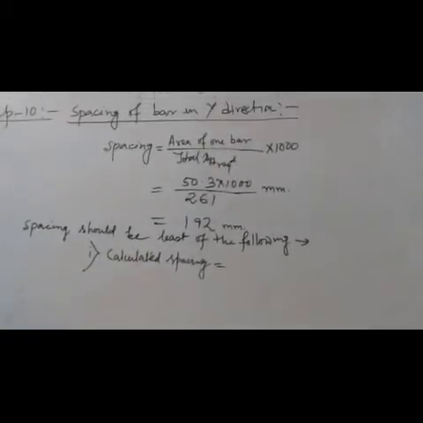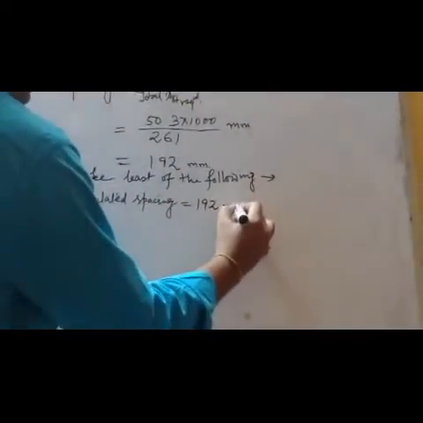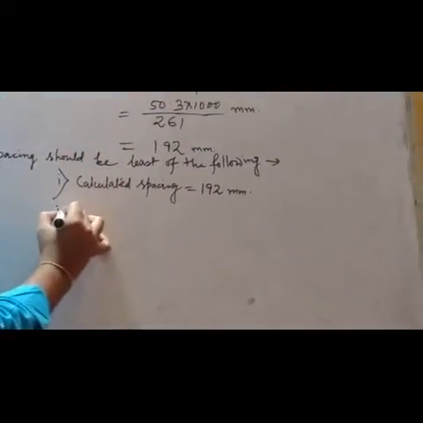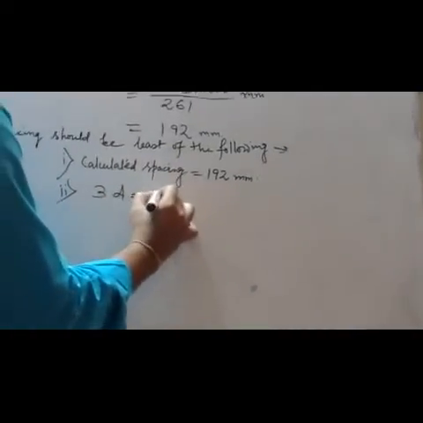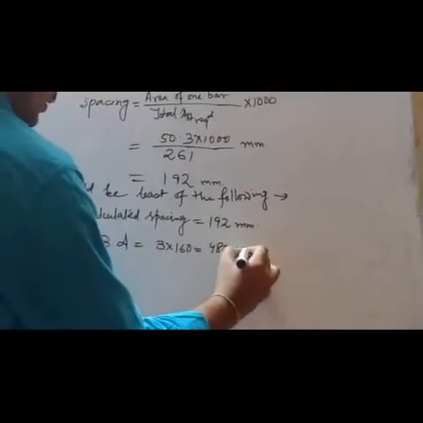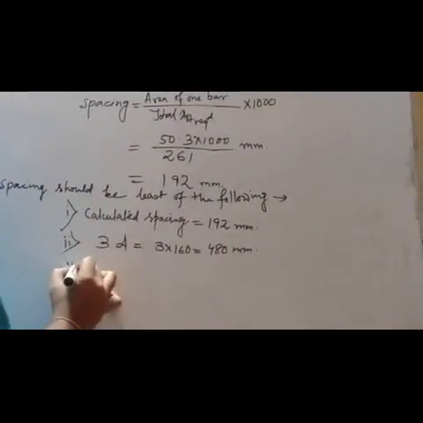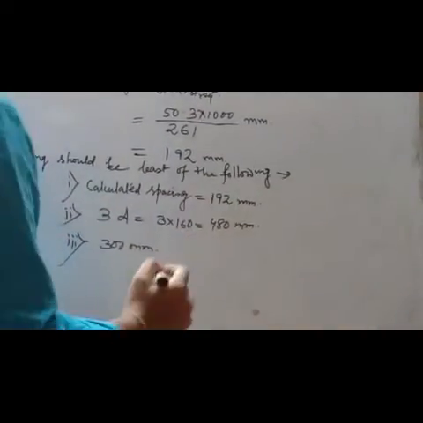Okay, no need to remember. 192 millimeter. And the second one is 3d, that means 3 into 160, it is 480 millimeter. And the third one is 300 millimeter, whichever is less.